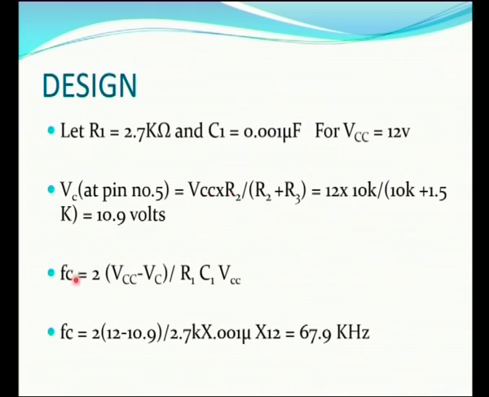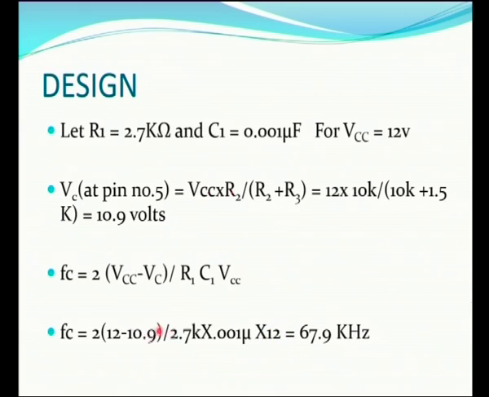Fc will be equal to 2 times Vcc minus Vc divided by R1 C1 into Vcc. So, 2 into Vcc, where Vcc is 12 volts and Vc is 10.9 volts, divided by R1 value 2.7k, C1 value 0.001 microfarads into Vcc, that is 12 volts.